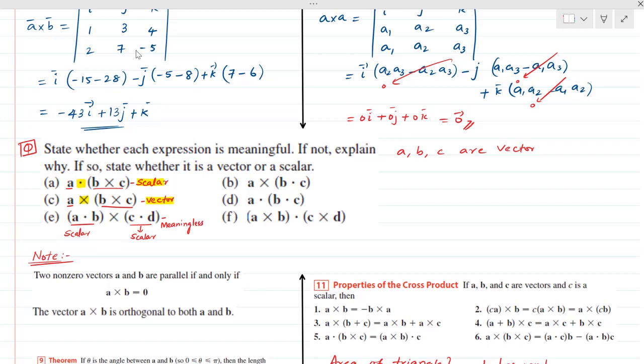Meaningless because when you take a cross product, both should be in vector form. Now let us go with this one here. When you take the dot product of B and C, you will get a scalar. So scalar and vector, you cannot take the cross product, which is also meaningless.